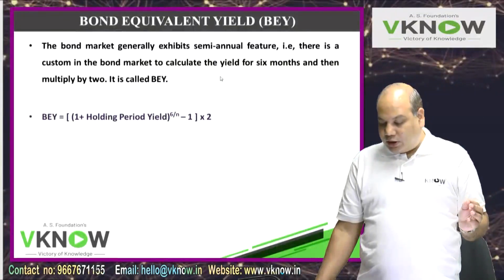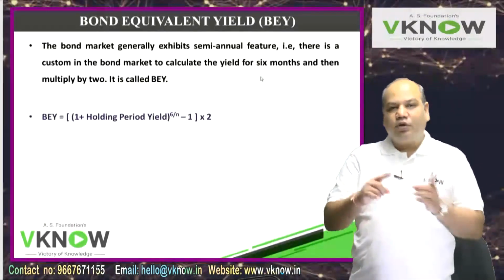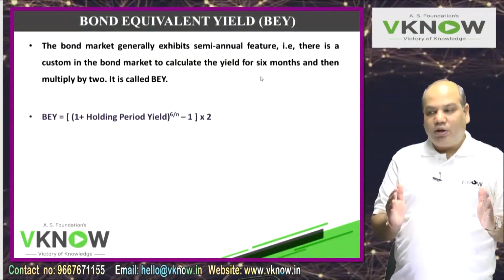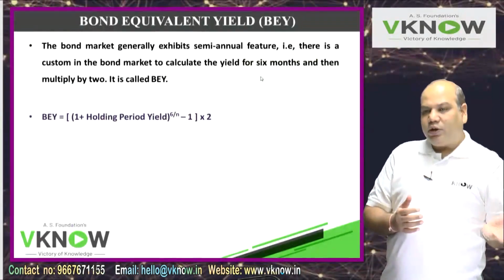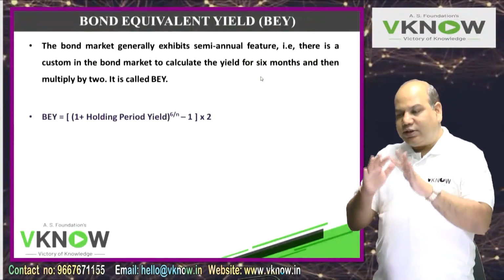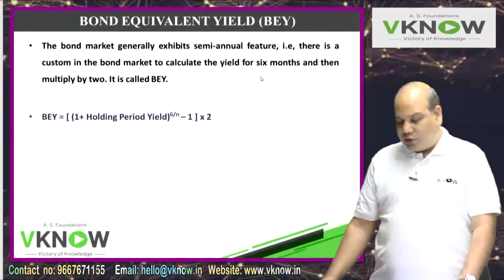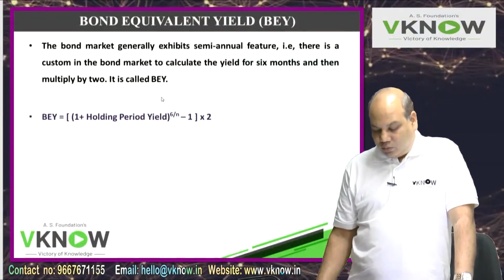First they calculate the yield for 6 months, and then they multiply by 2. So that gives you annual yield, and therefore it is called bond equivalent yield, BEY.